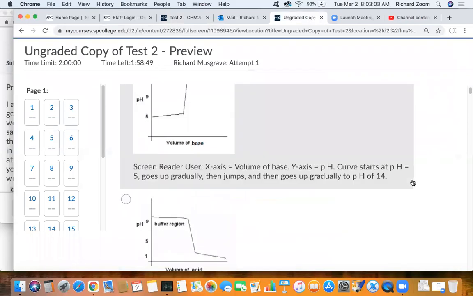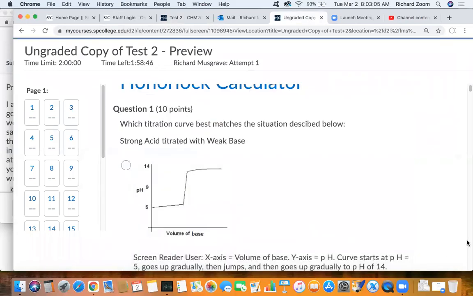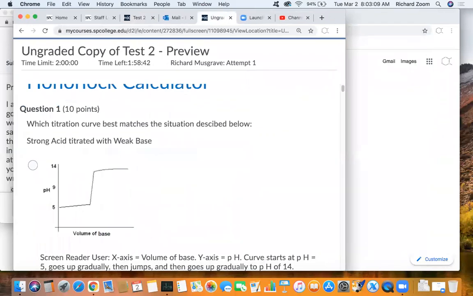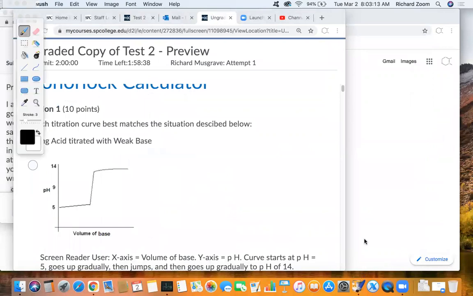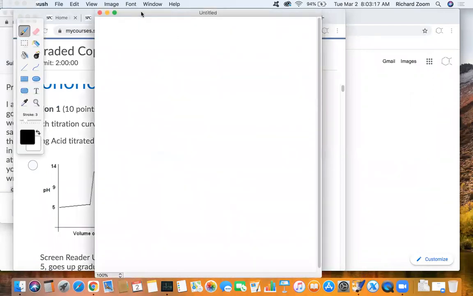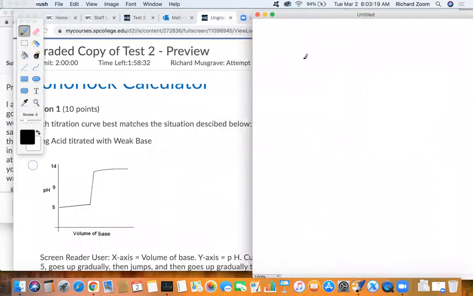You can take a look at that as well after I've talked about it here, if you're still a bit concerned about it. Okay, let's talk about when you're going to see a buffer region, and when you're not going to see a buffer region. Now, if we remember what a buffer is, so we get a buffer region. It's a bit slow right now.